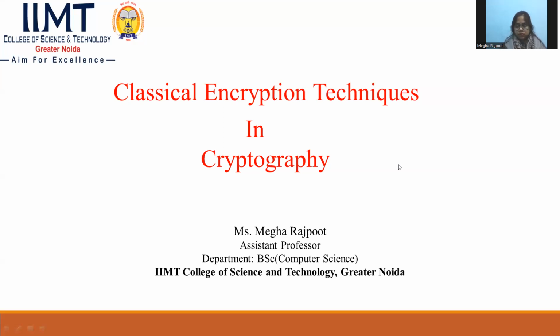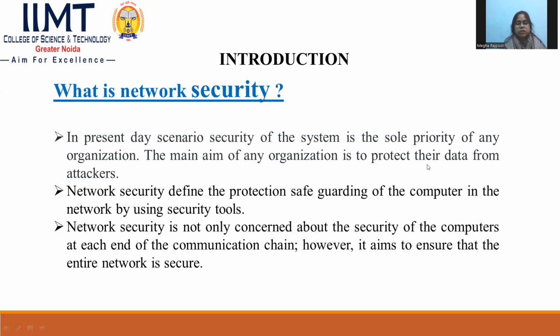So, before we discuss cryptography in detail, let's discuss the term network security. So, what is network security? In the present day scenario, security of the system is the sole priority of any organization. The main aim of any organization is to protect their data from attackers.